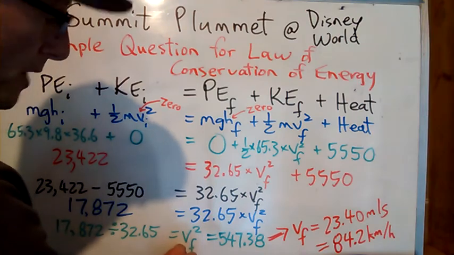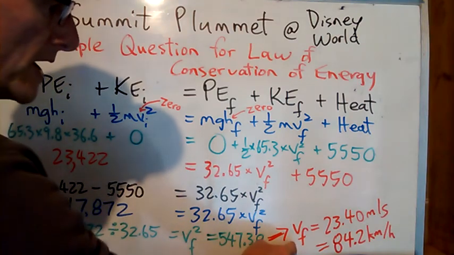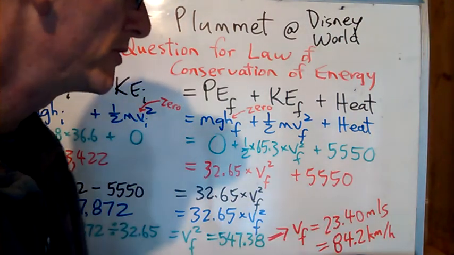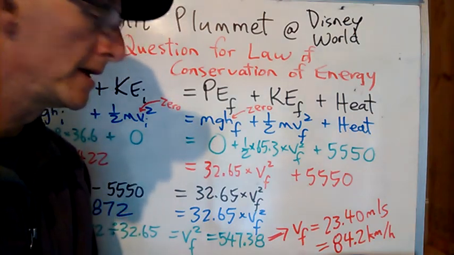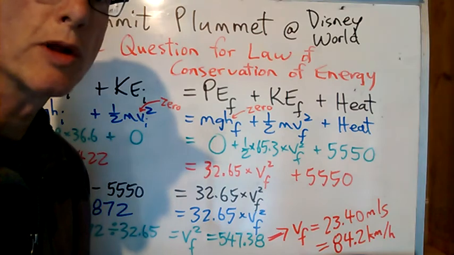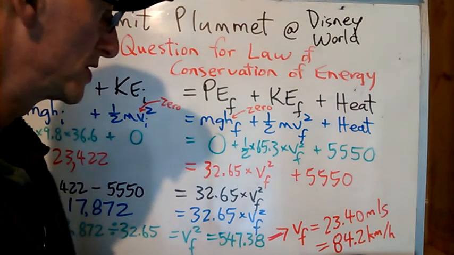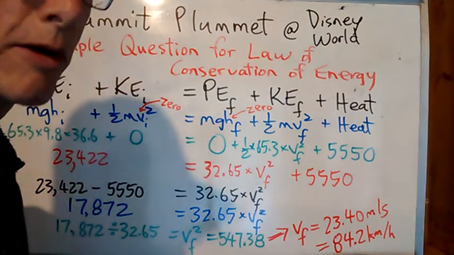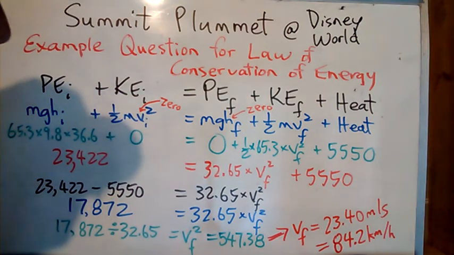That's VF squared. So you have to get the root of it to get VF. And that turns out to be 23.4 meters per second. If you multiply that by 3.6, you get 84.2 kilometers per hour, which is sizably less than the 100 kilometers per hour without friction. And that's it.